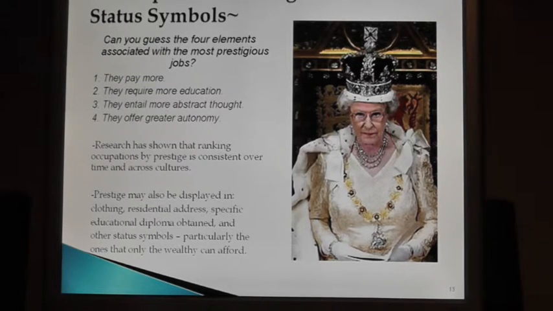So perhaps the school teacher, who has a lower level of social prestige compared to a physician, will have the vice principal, the principal above them, the Ministry of Education determining the curriculum which they must work with, and everything is standardized to a T. The Minister of Education, for example, who would be one of these jobs which has a higher pay than a teacher, requires more education, and would involve more abstract thought in terms of policy development.